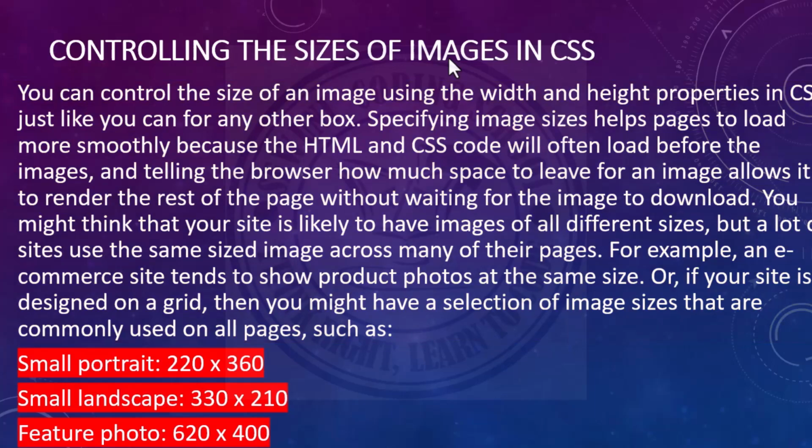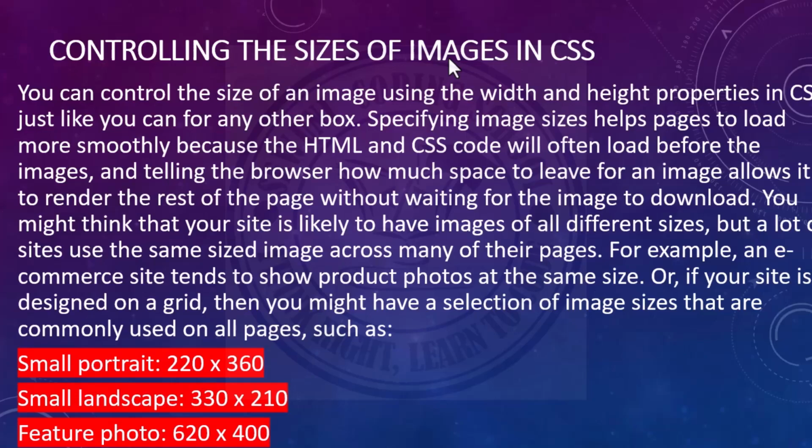Or if you've designed a website using a grid, then you might have a selection of image sizes that are commonly used on all pages, such as 220 by 360 if you are using a small portrait image, or a landscape which is 330 by 210, or a featured photo.